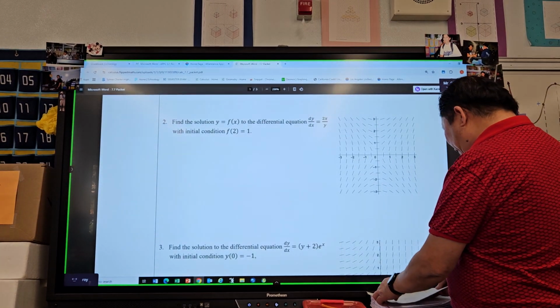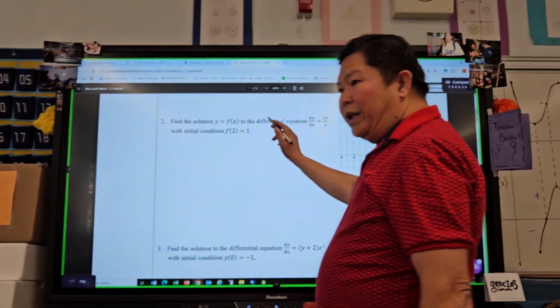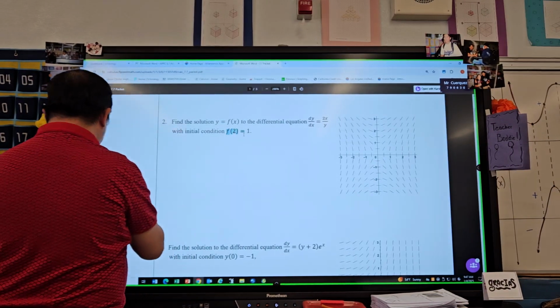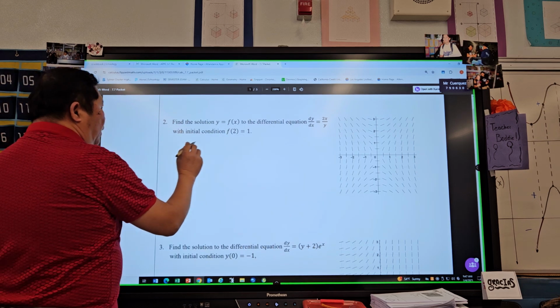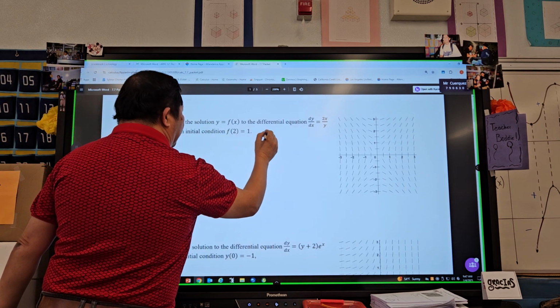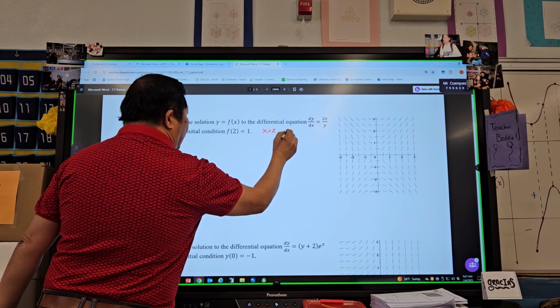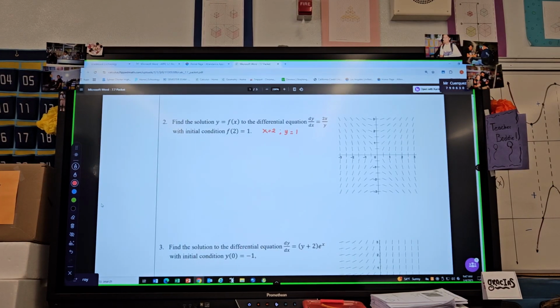So, moving on to number 2. What is the condition right here? What do you mean by this? f of 2 equals 1. That means x equals 2 and then y equals 1, right? So what is y? Positive or negative? What is y? Again, guys, look at this.